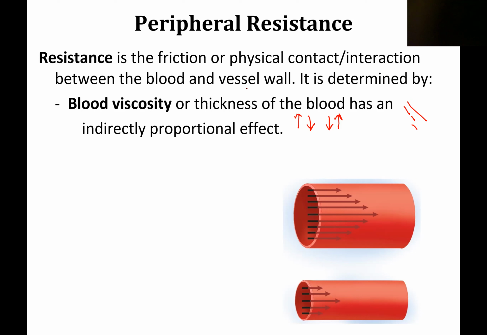So thickness of blood, viscosity of blood, two things determine the viscosity of blood. And we described that in chapter 18, hematocrit and albumin levels.